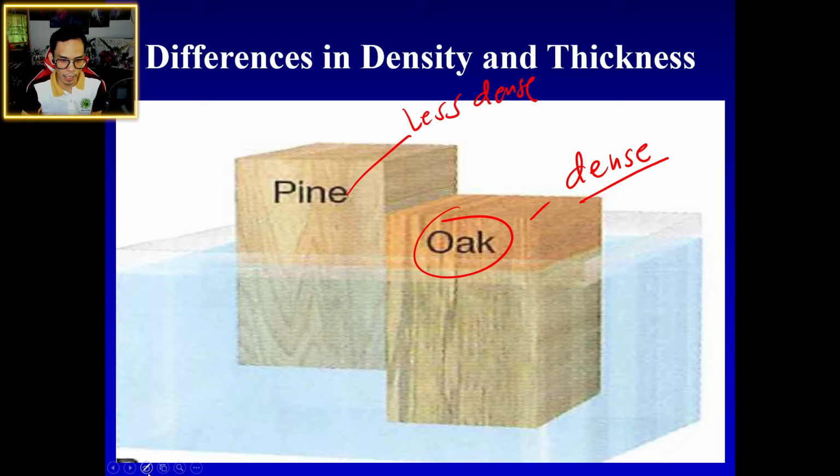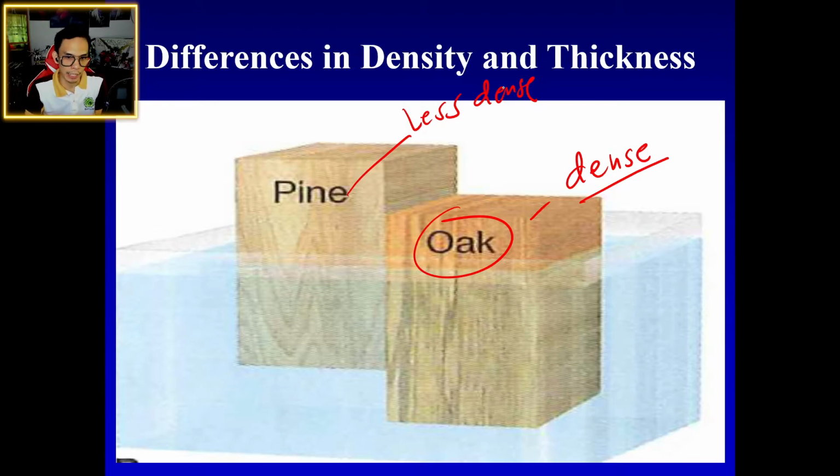We can safely say that assumption. Why? It's because the oak wood sinks lower than the pine wood that you have over here. Since it sinks deeply in the water, it means that it is more dense than the pine wood.